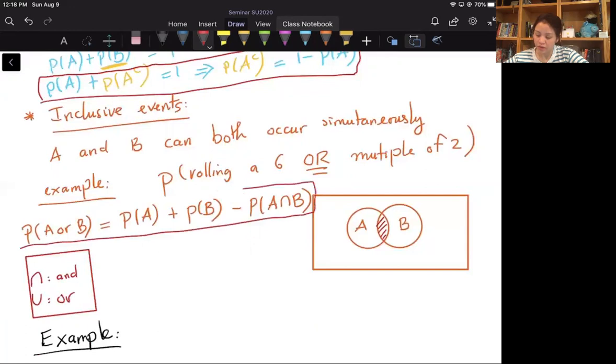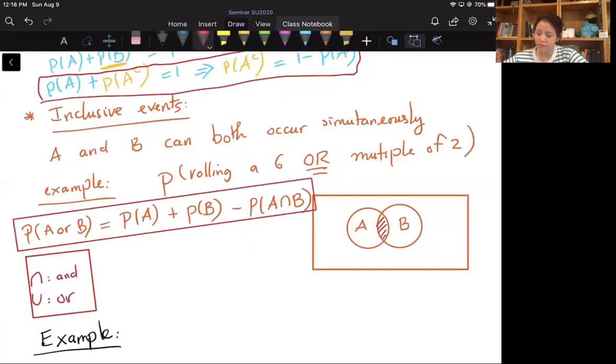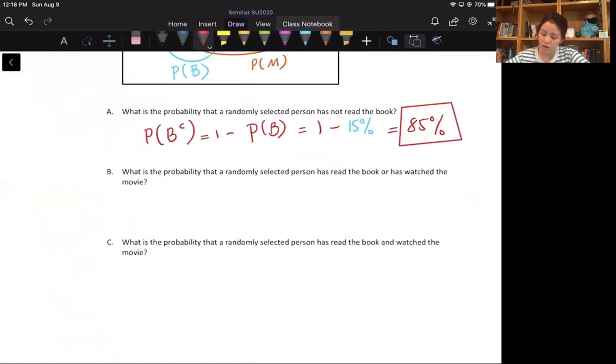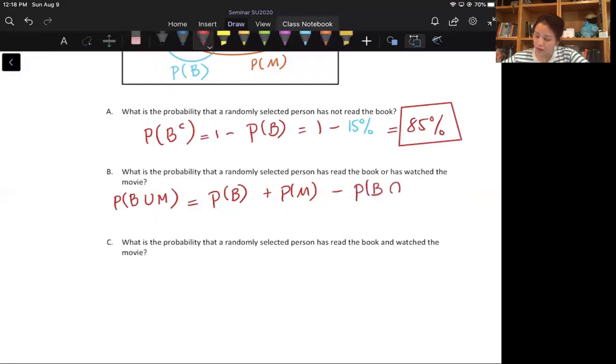So P of A or B is equal to P of A plus P of B minus P of A and B. So P of reading the book or watching the movie is equal to P of reading the book plus P of watching the movie minus the intersection, P of B and M.